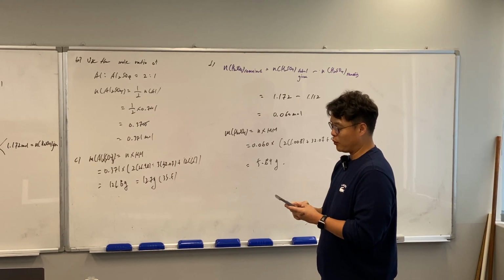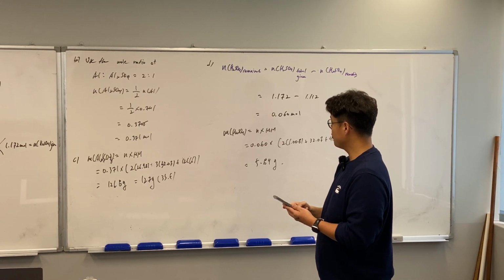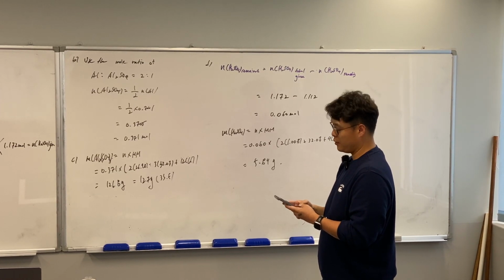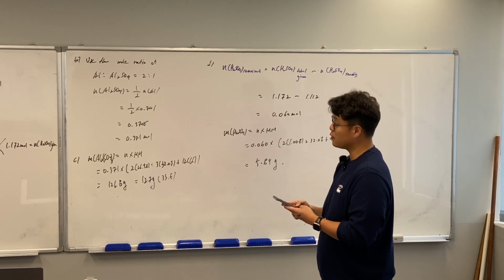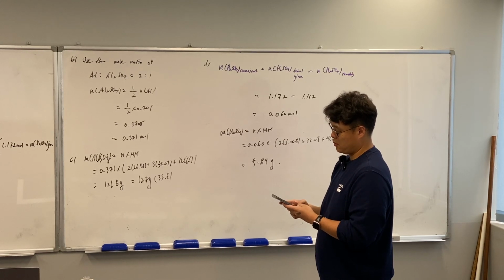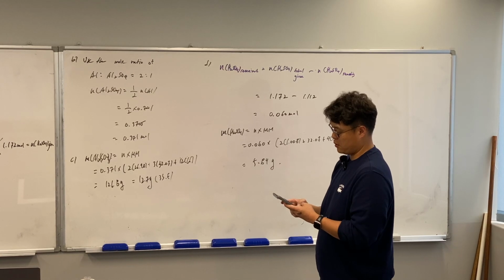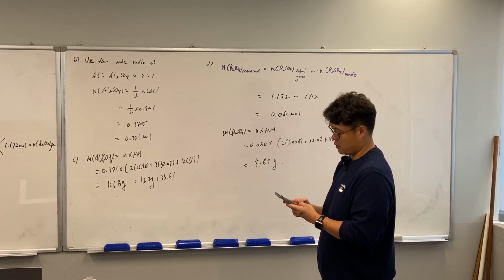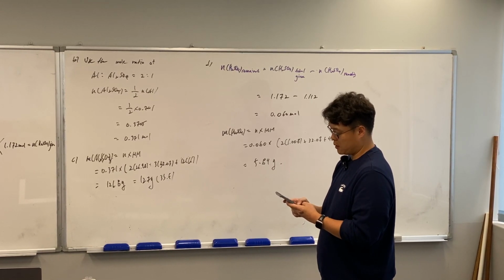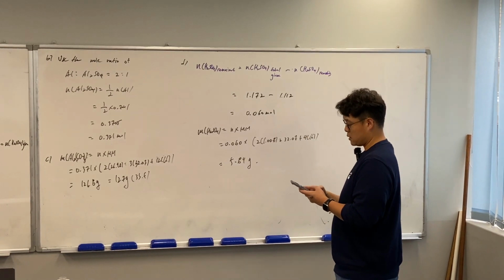So you get 1.11193 of the values. Shouldn't be that different though. Plus 32.07 plus 4 times 16 and minus that.